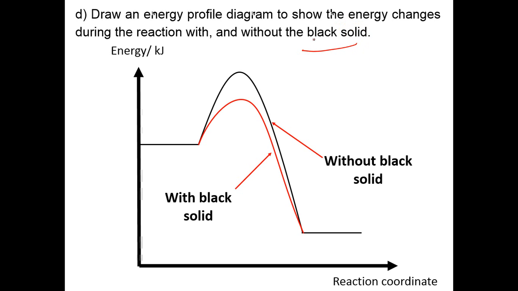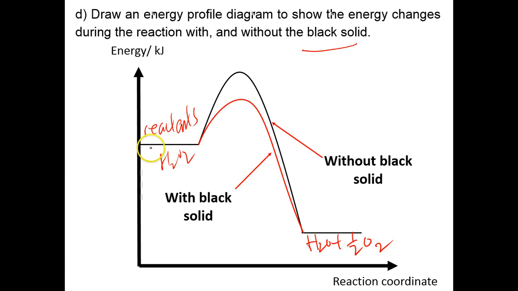Now, if I were to draw an energy profile diagram to show the energy changes with and without the black solid, which is the catalyst, I will be able to draw something which looks like this. This is the reactants, in this case H2O2, and this is the product, which is H2O plus 1/2 O2. Balance this equation.